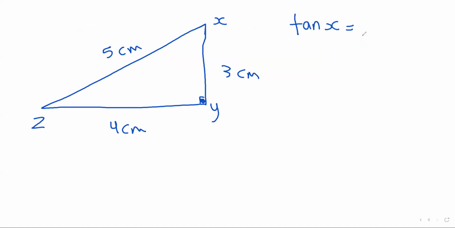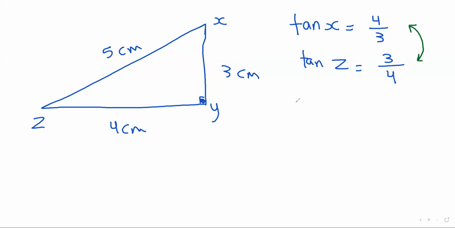Opposite over adjacent, which is 4 over 3. Great. Now what is tan Z? 3 over 4. What do you notice? It's flipped into the multiplicative inverse. Yes, they switch. 4 over 3 and 3 over 4.